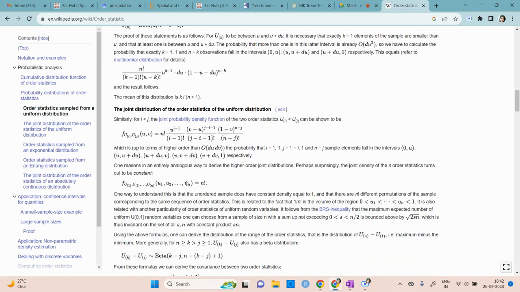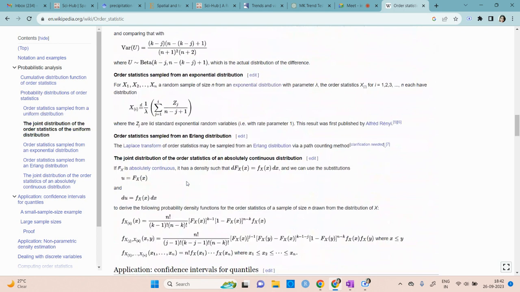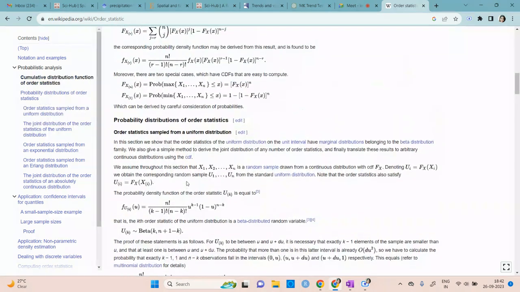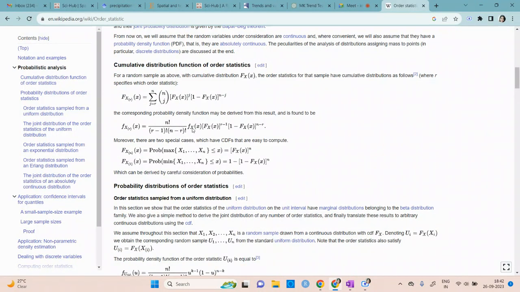So this is for the uniform distribution, and then there is the exponential distribution. You can find it on your own also; it's not a big deal. For the uniform distribution, you know small f(x) is 1 upon b minus a, and capital F(x) is x minus a divided by b minus a.